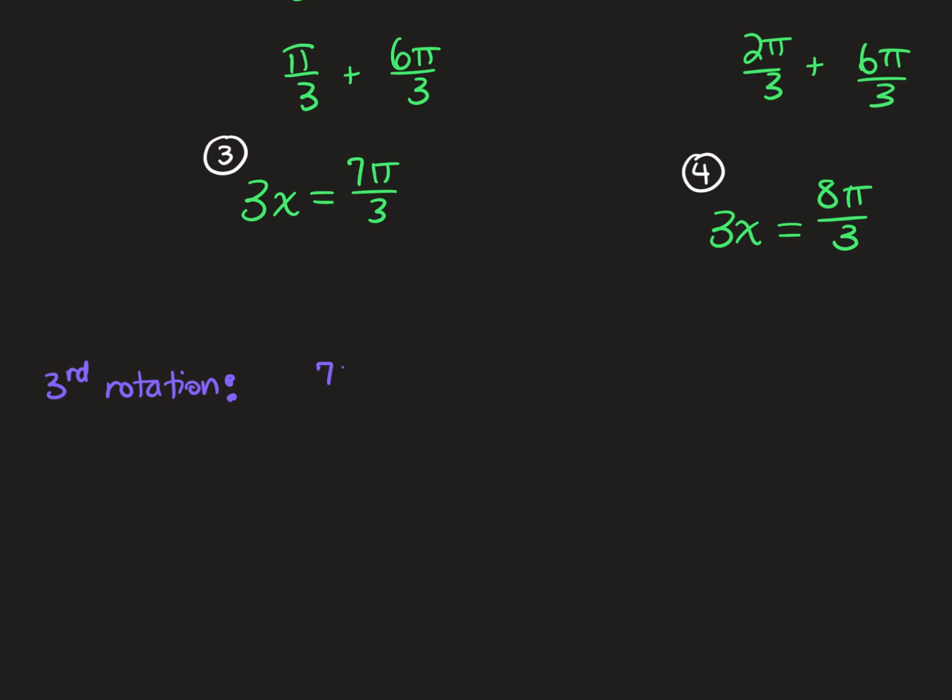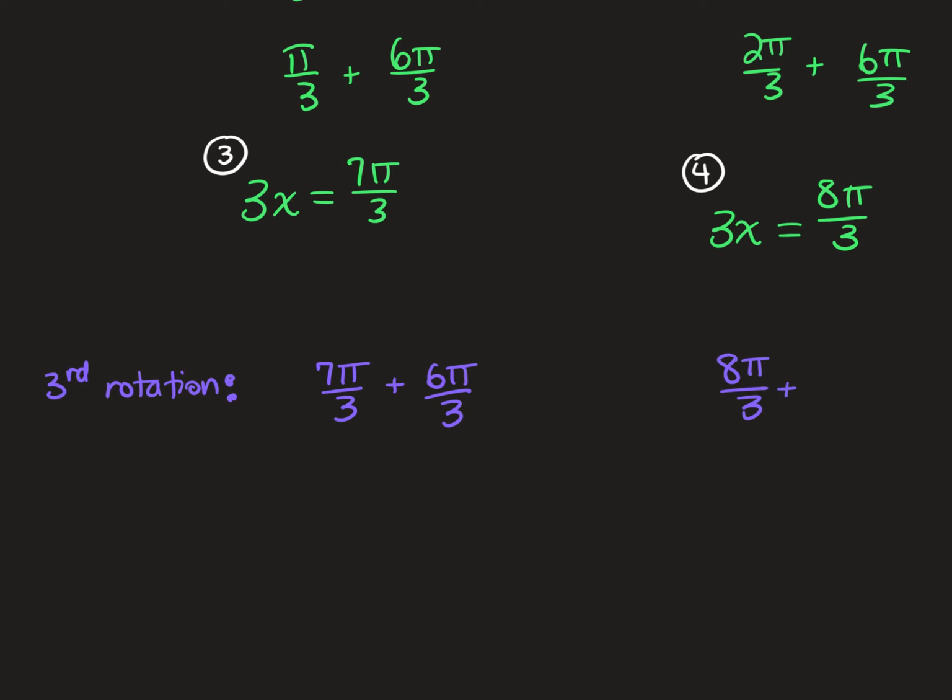So I'm going to take 7 pi over 3. Now, I've already gone through the process of getting a common denominator. I know that when I get a common denominator, I'm going to end up with 6 pi over 3. Right? So work smarter, not harder. And then I'll do the same thing here.